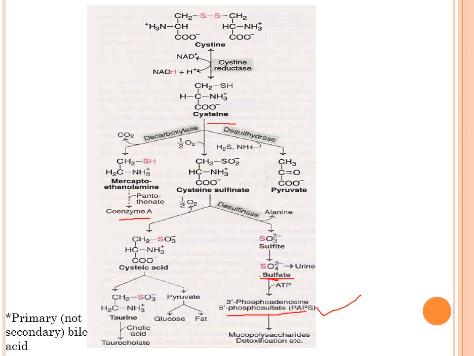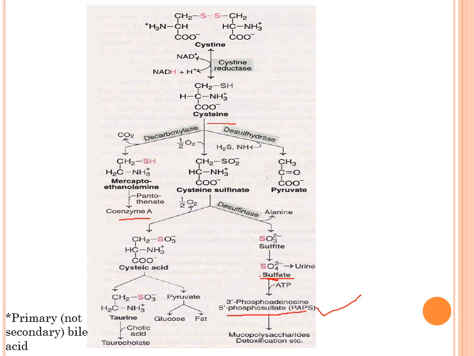Then it will be the important product, other sulfate will be utilized here. Now this sulfate, which is produced by the metabolism of cysteine, with the help of ATP, can form PAPS.